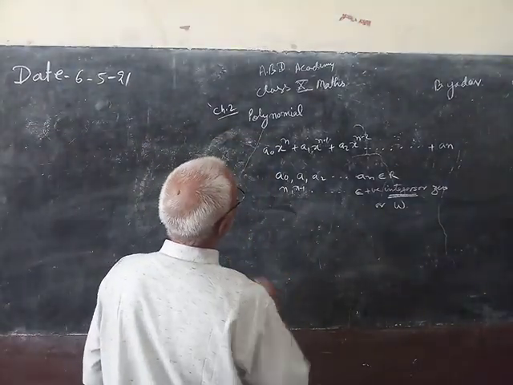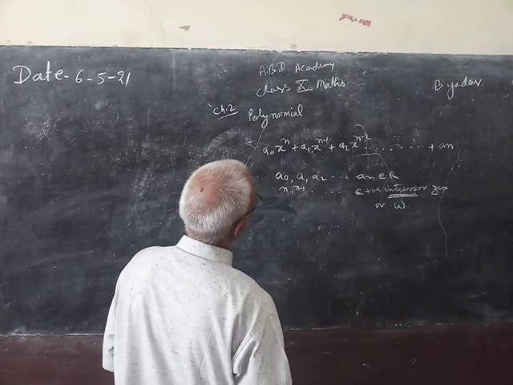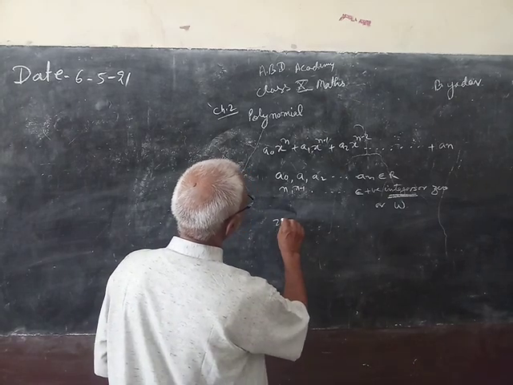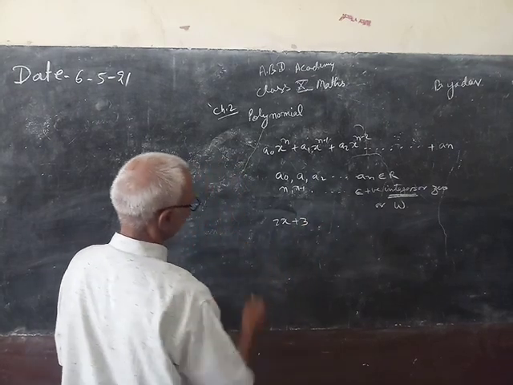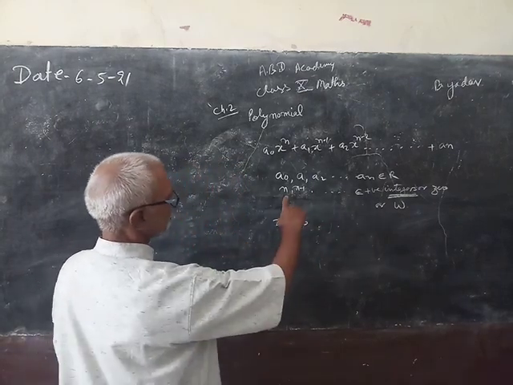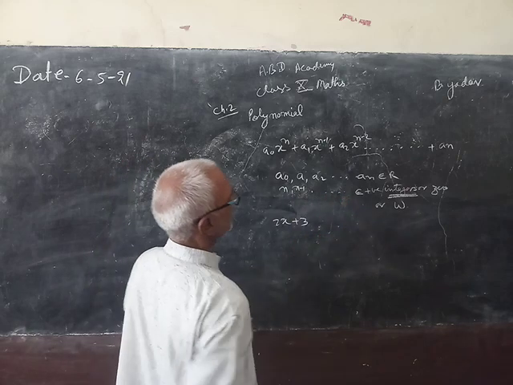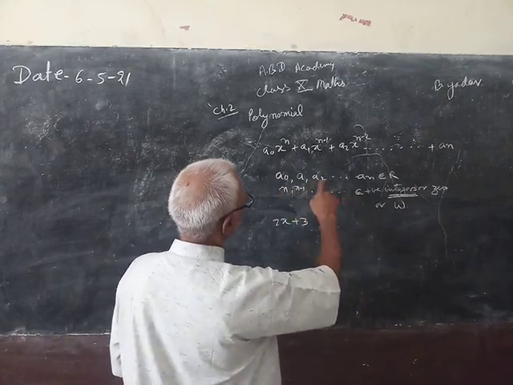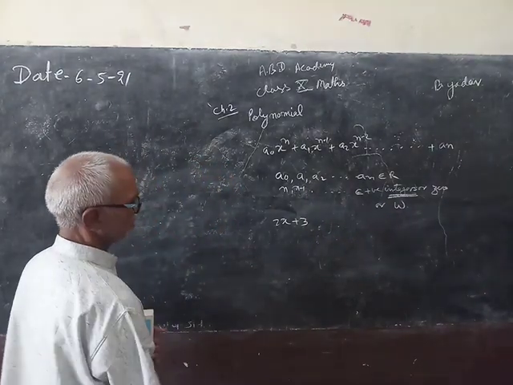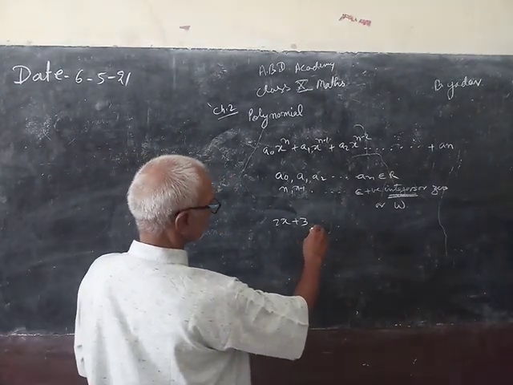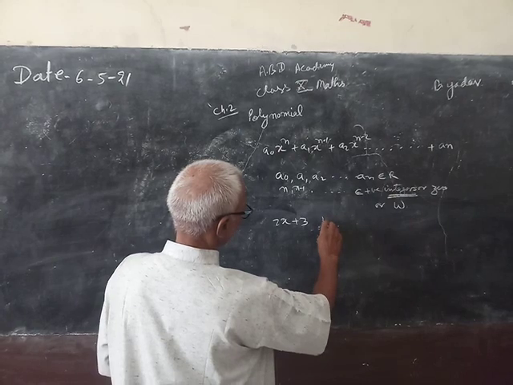Suppose a polynomial of 1 degree is 2x plus 3. These powers n, n minus 1 are called the degree of the polynomial. a0, a1, a2 are coefficients of the terms. 2x plus 3 is a binomial.